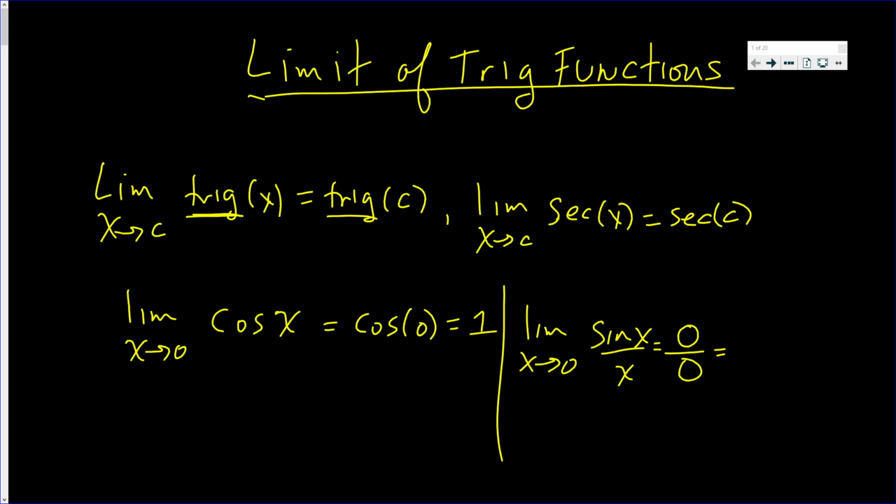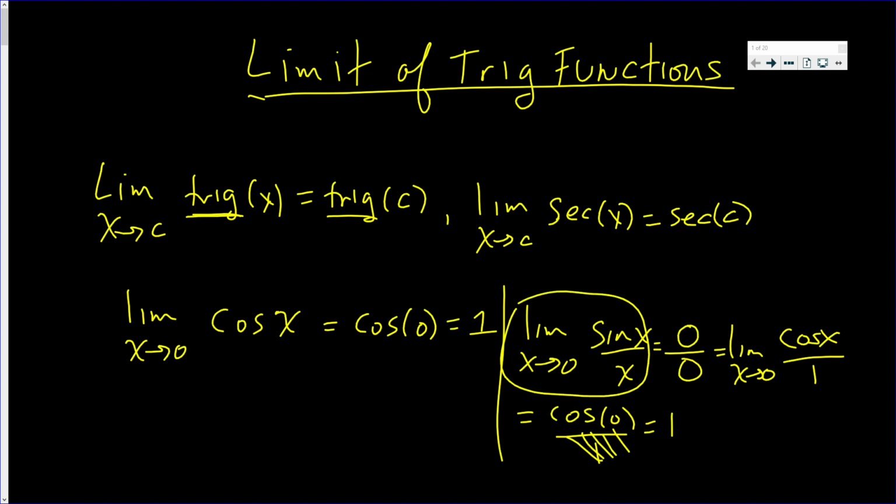Well, L'Hopital would come along and say take the derivative of the top, take the derivative of the bottom, and then evaluate the limit. Well, this is cosine of 0 over 1. The rule for dividing by 1 is don't bother. So I get 1. That is, this limit is 1.